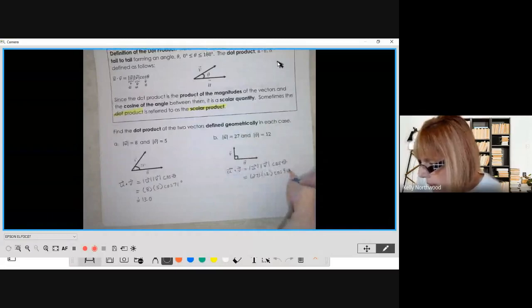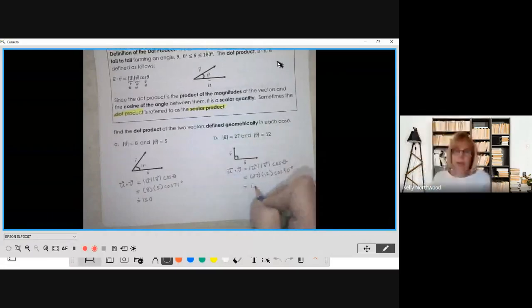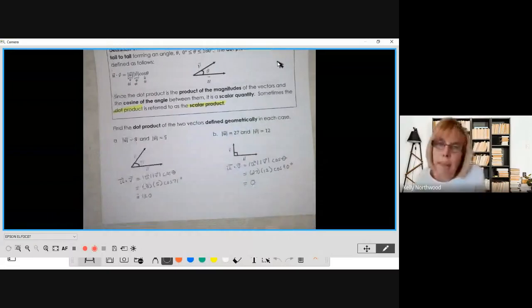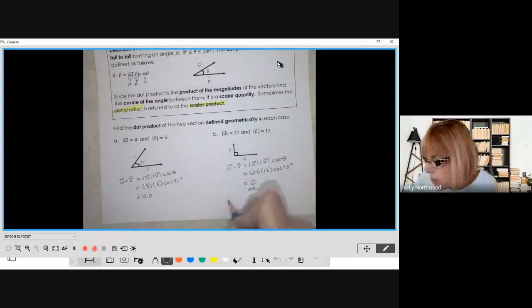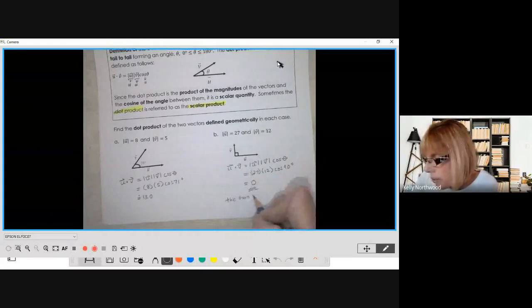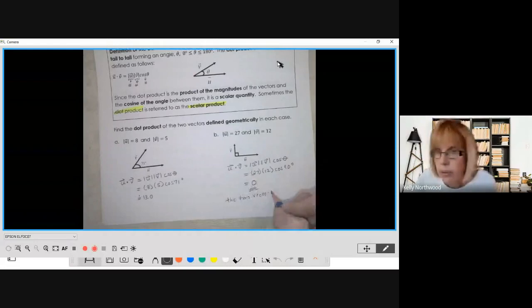That turns out to be 0, which is one of the most important applications of the dot product: if you find the dot product of two vectors and your answer is 0, it means the two vectors are perpendicular to each other, which will have a lot of significance as we go through our vector algebra till the end of the year.